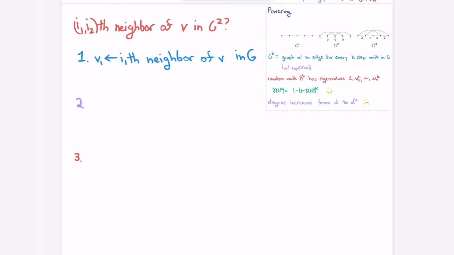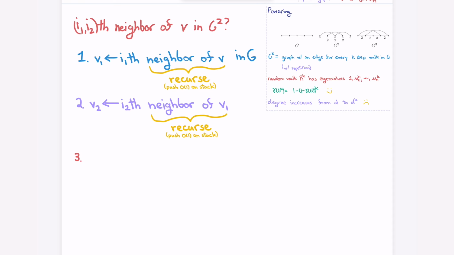First you figure out the neighbor in G, but G itself is some crazy graph, so you can recurse and go down the recursive stack. You put a constant amount of space on the stack, keep going down, and bubble back up.